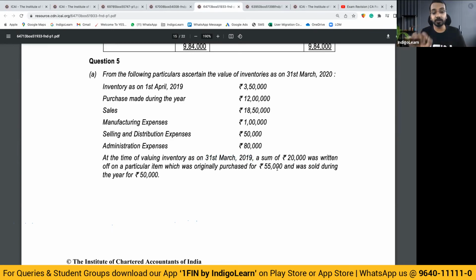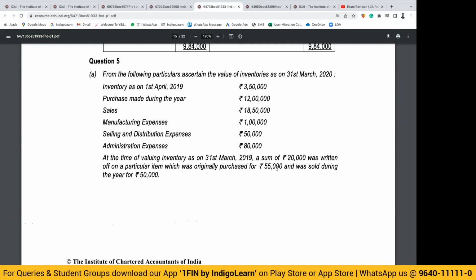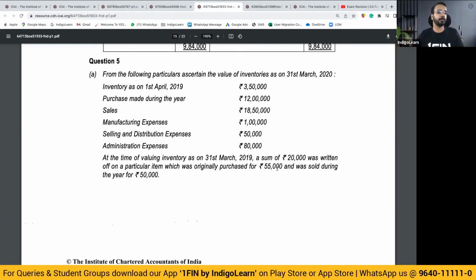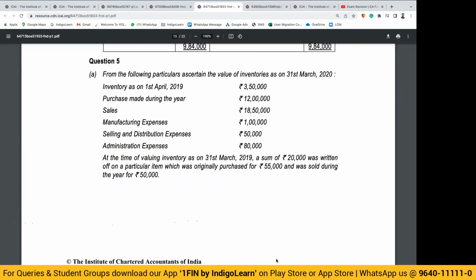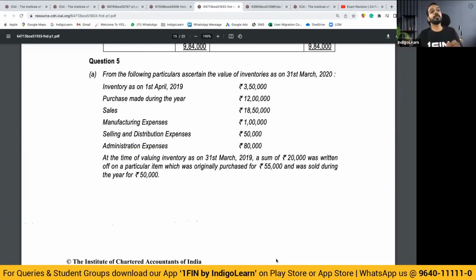As on 31st of March, what is the value of inventory of this particular item? 55,000. 55,000 is the selling price. They have sold. Sorry, 50,000 is the selling price. 55,000 is the purchase price. From the purchase price, 20,000 is written off. So what is the value of inventory of this particular item?